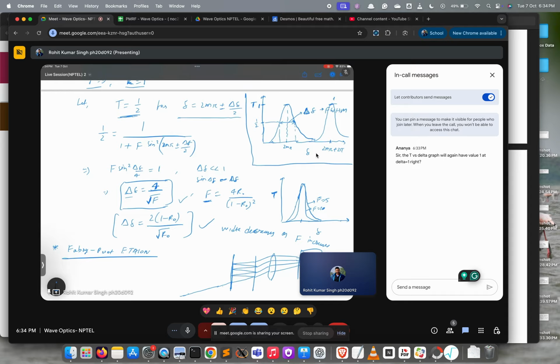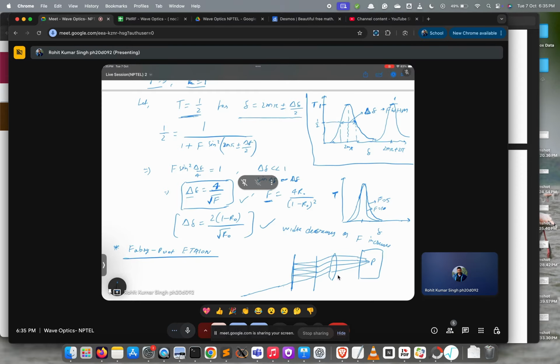Yes, delta equal to 0 also, obviously. So I have written a general case.